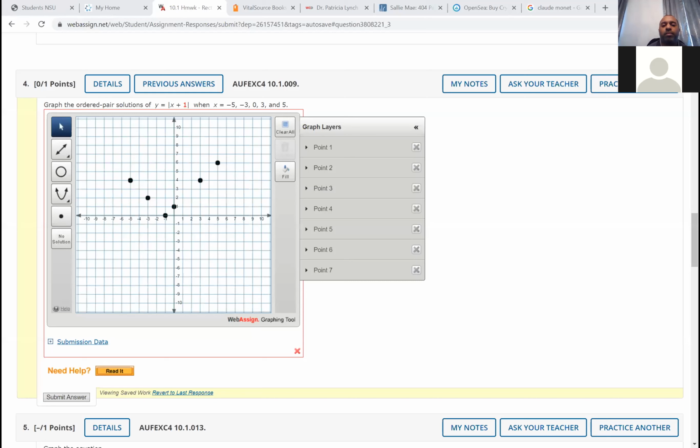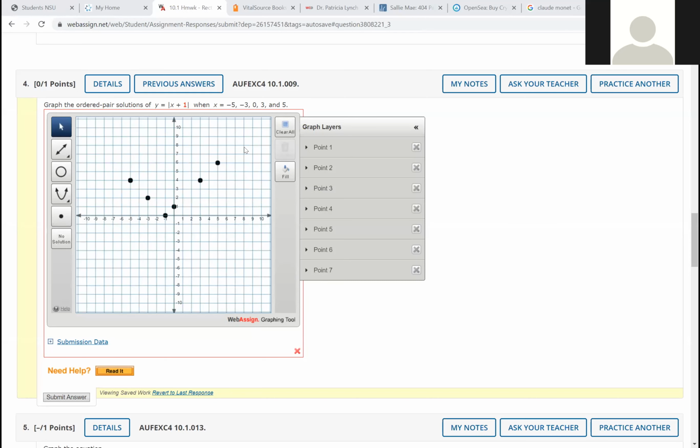Oh, okay. Let me see. I'm trying to give you edit access so that you can. Oh, okay, it's letting you do it. Cool. I was doing this, and I could have sworn this is the right setup. All right, so you have x plus 1, so -5 plus 1 is 4, that's right. -3 to 2, that's right, 0.